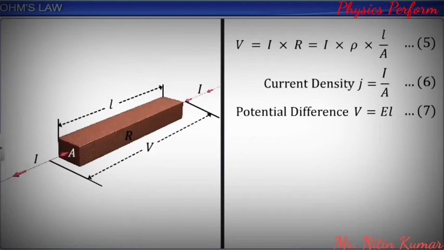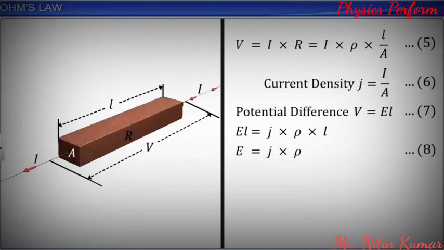Substituting equations 6 and 7 in 5, we have EL is equal to the product of J, ρ and L. On simplifying the above equation, we get E is equal to J into ρ. Let this be equation 8.